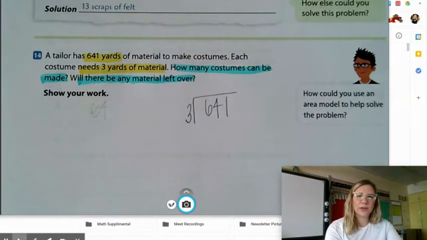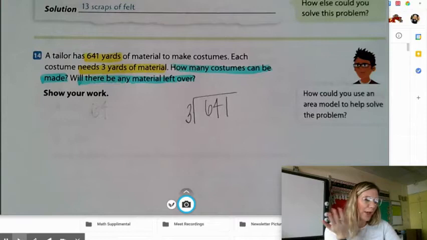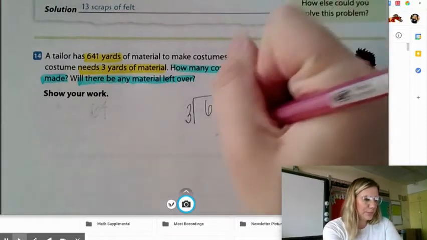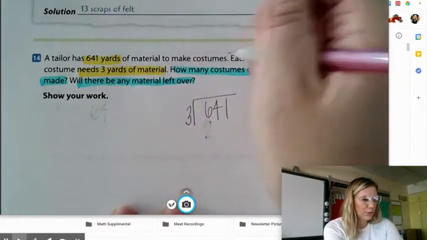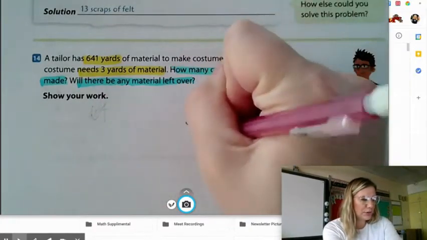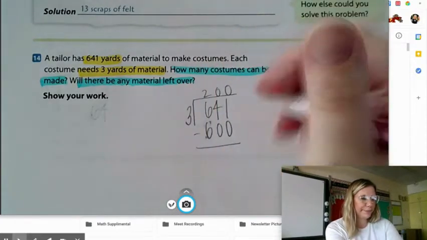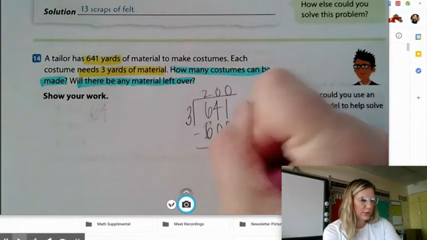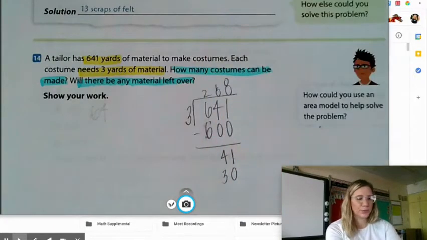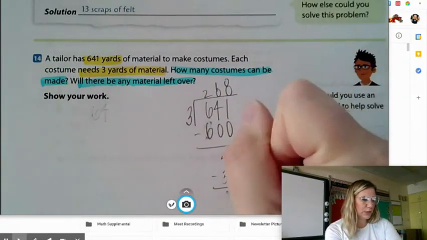I put my dividend on the inside of my division bar. My divisor goes on the outside. Well, I know that 3 times 200 is 600. That gives me 41. I don't quite know a basic fact for that, so I'm just going to stick with the place value of 10. So 3 times 10 is 30. 41 minus 30 is 11.